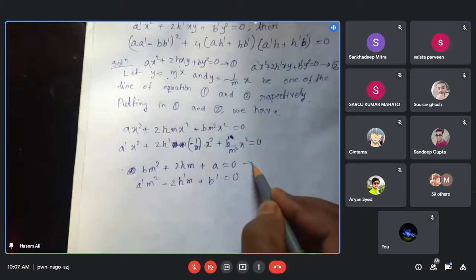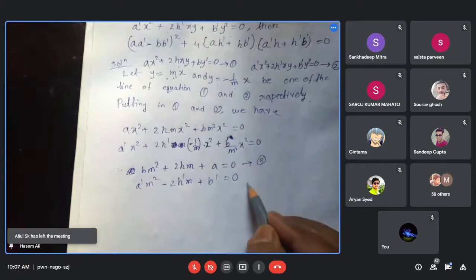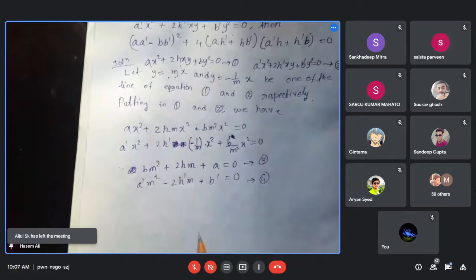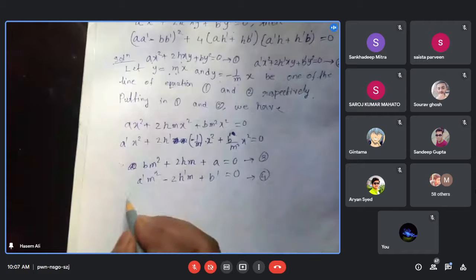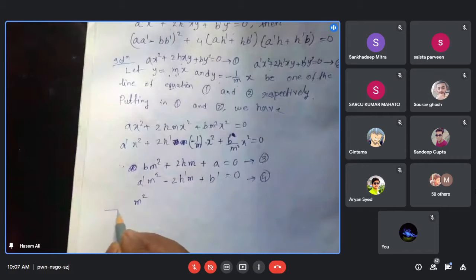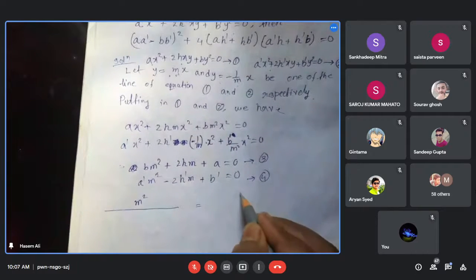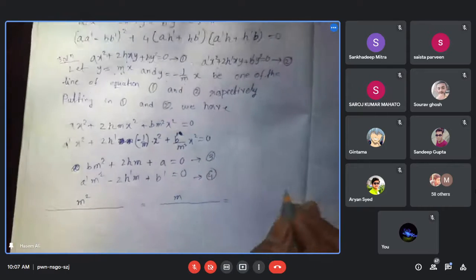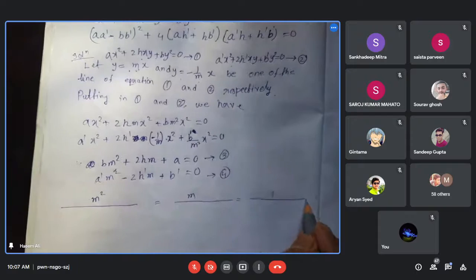Now if we consider this as equation 3 in m, after cross multiplication we have m square by, m by, do you know this process?